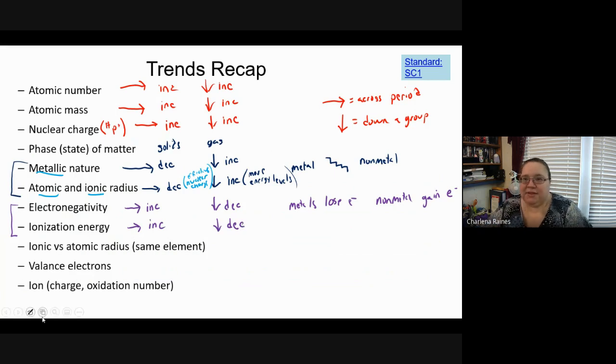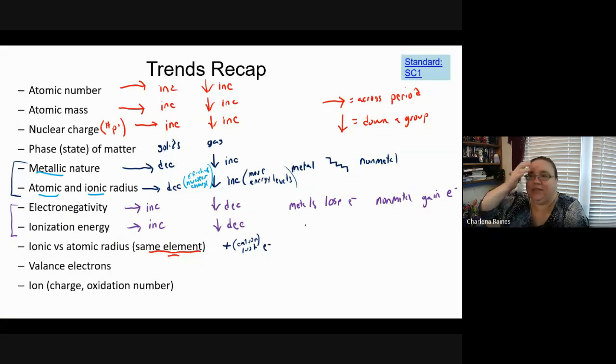Now, I do like to specify ionic versus atomic for the same element. So this is not explicitly a pattern across the entire periodic table. We are looking at comparing individual elements to themselves. So remember that my cations have lost electrons.